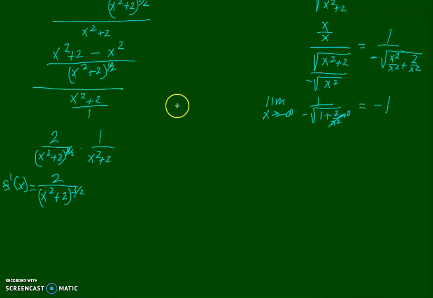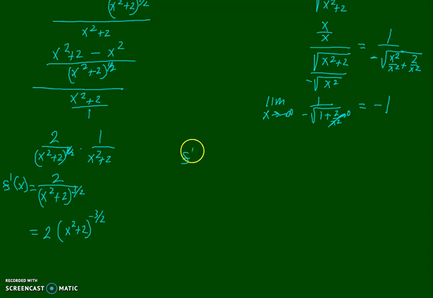So now, what we're going to have to do is go on to our second derivative and determine concavity. Before I do that, I'm going to make a quick modification here, just so that it makes it easier for us to work with this, just so that I don't have to use the quotient rule.